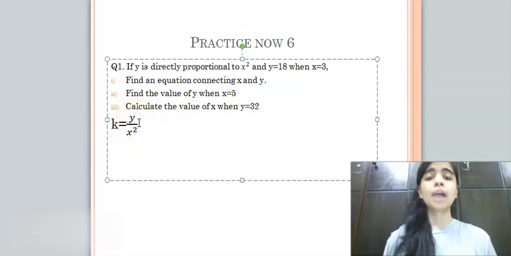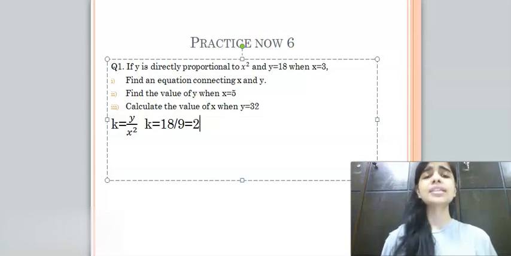My y value is 18, and my x value is given to me over here. So x square will be 9 because x is 3 and 3 multiplied by 3 will be 9. So my k will be 18 upon 9, which is 2. So my constant k over here is 2.